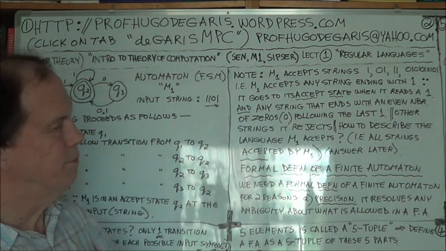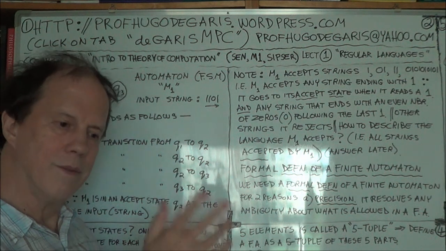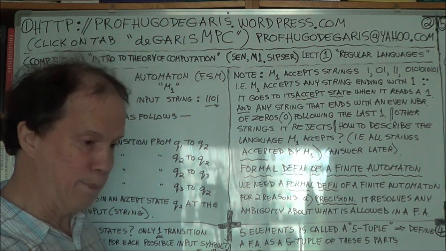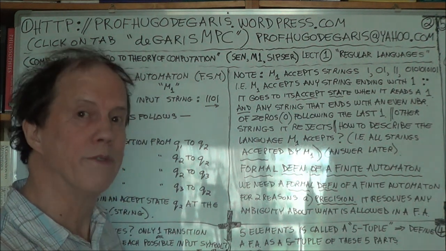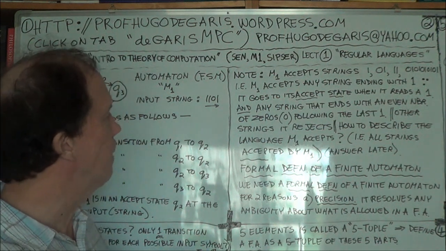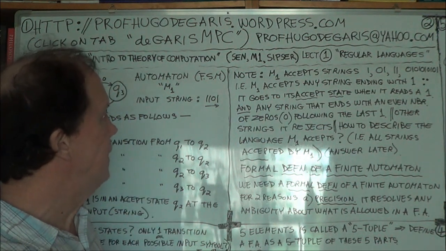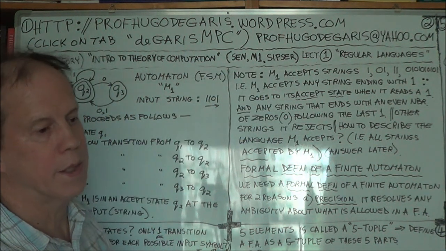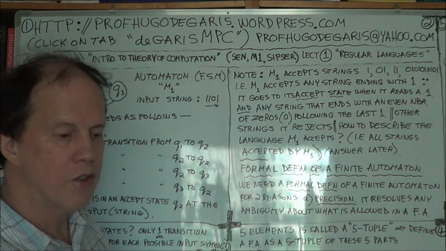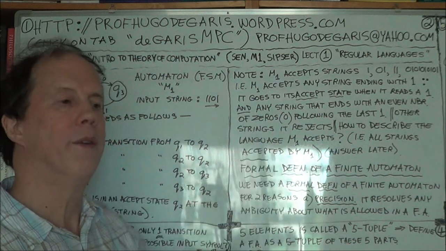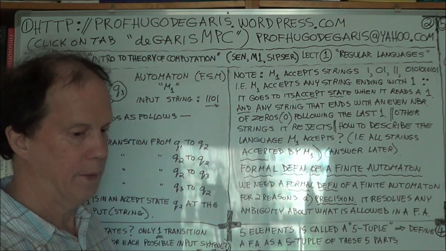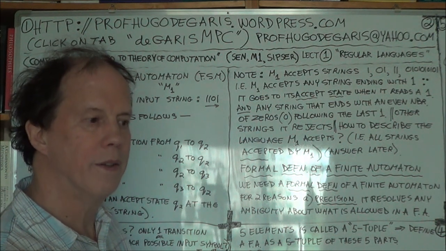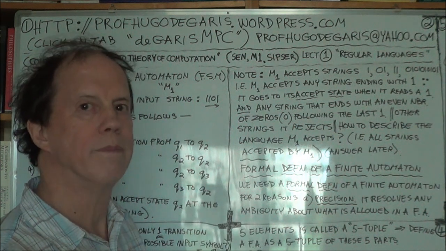Now, deducing what the function of an automaton is takes a bit of intelligence, right? You have to think about it. So that's the function of this particular machine. It will accept any string that ends in 1, or any string that has an even number of zeros at the end after the last one.